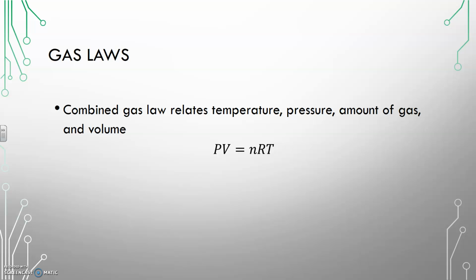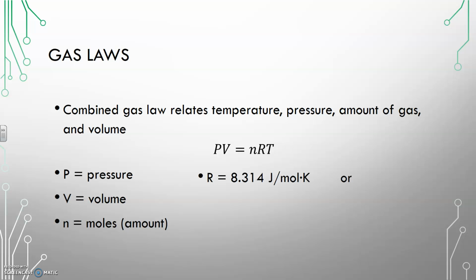It's pressure times volume equals n, which is the moles of gas, which we'll get into later, times R, which is a constant, times temperature. P is pressure, V is volume, n is the moles or the amount of gas present. R is a constant, so it has a value based on the other units that you're using in the problem.